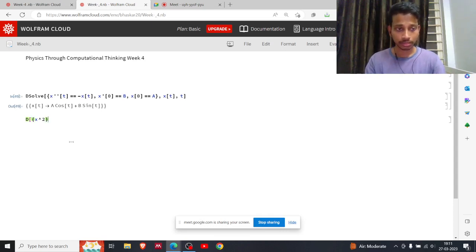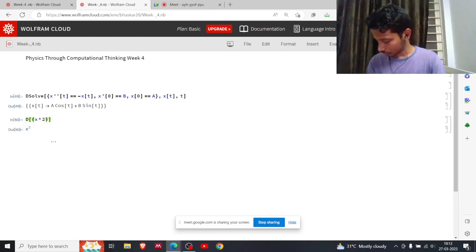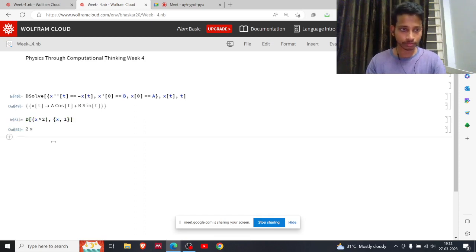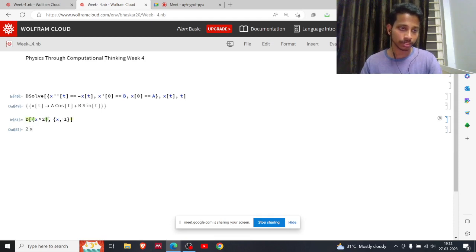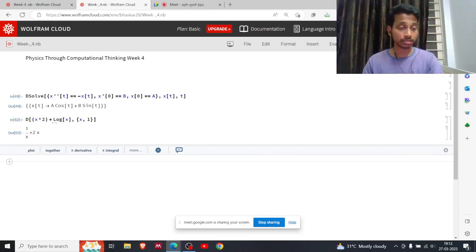So this is the differentiation of x square, the first derivative, so this is 2x. Now I'll give another, slightly more complicated one. This is the function x square plus log x, the differentiation is 1 by x plus 2x.